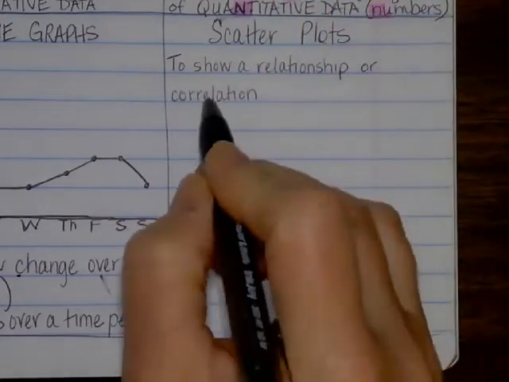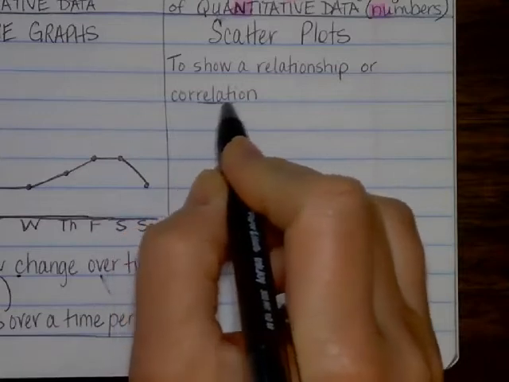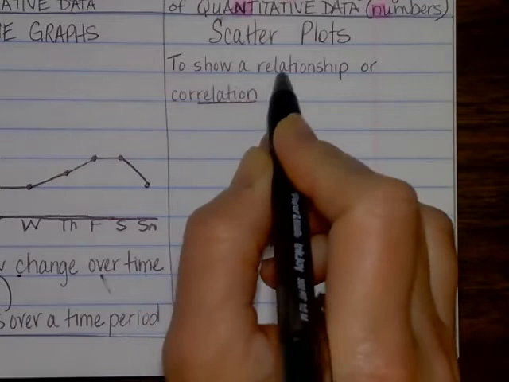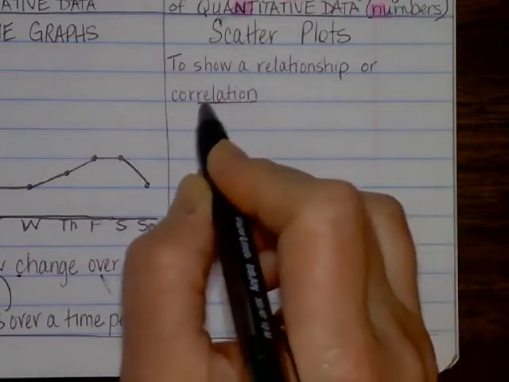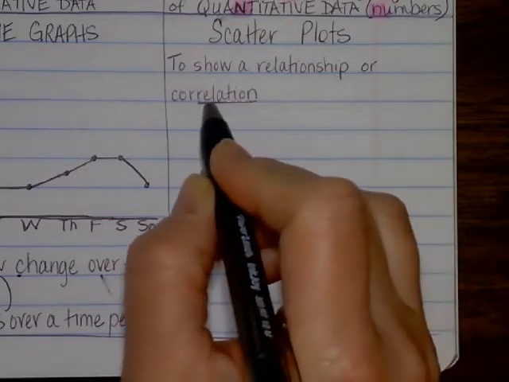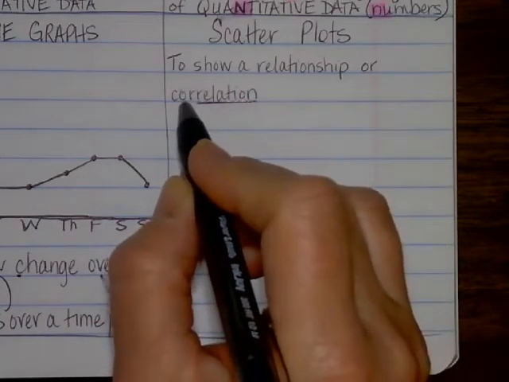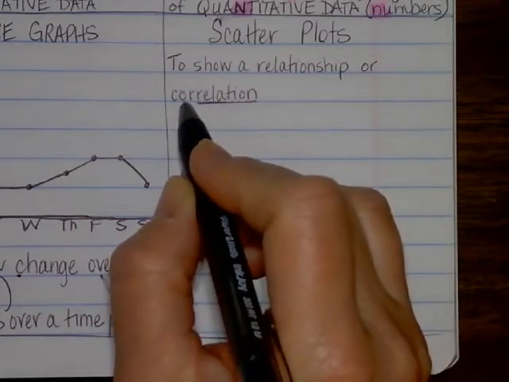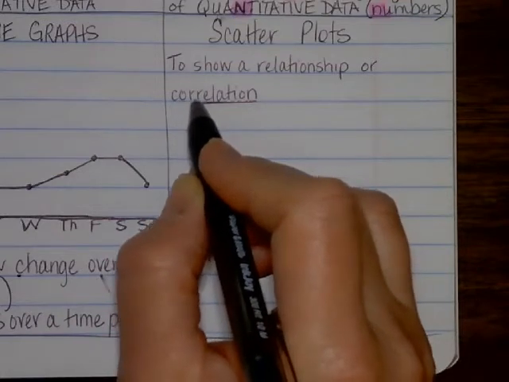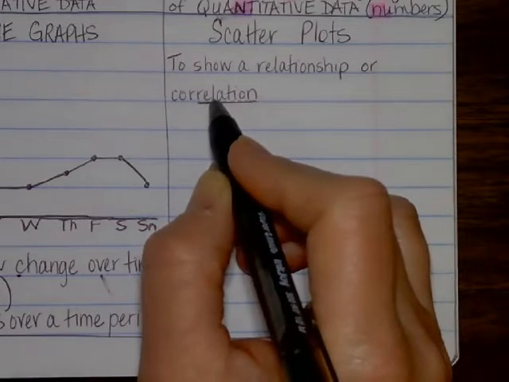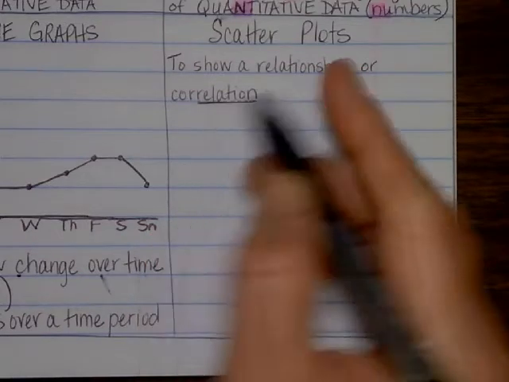Now correlation, if you notice, has the word relation in it, like relationship. So correlation means it shows a relationship among other things. Co means working with something, right, like a co-worker. So a relationship they have with each other, correlation. So it shows a correlation.